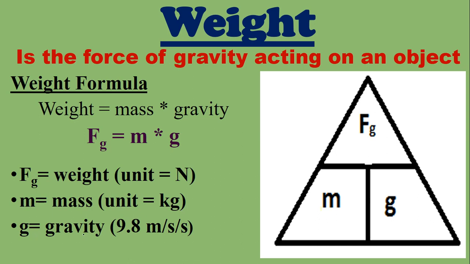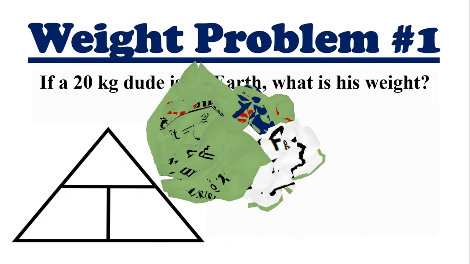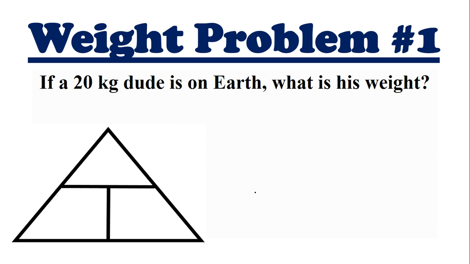And g will be gravity, and for all instances, it's going to be 9.8 meters per second squared unless otherwise given. Now in the triangle, remember it says m times g, so m and g will be at the bottom because they have to be next to each other to multiply, Fg at the top. If you don't know the triangle, numbers on top of each other you divide, numbers next to each other you multiply.